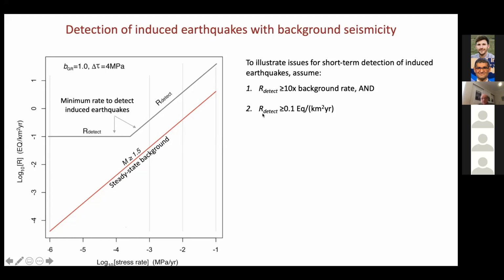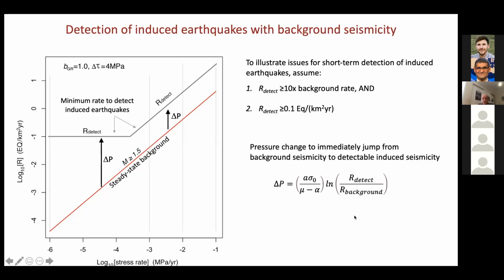Again, for the purposes of illustration, given that induced seismicity typically occurs over small areas and involves short periods of time, geologically speaking, I argue here that the earthquake rate has to be at least one earthquake in 10 years per square kilometer of fault.